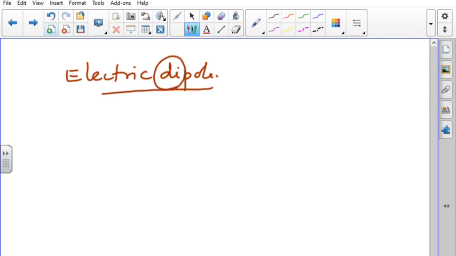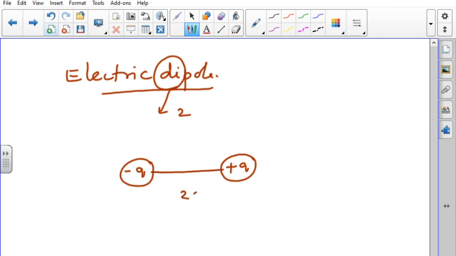Dipole, di means two, you know. So it is very well understood from the word. There must be two charges. Let us take two charges of equal magnitude separated by a very small distance, that is 2a.